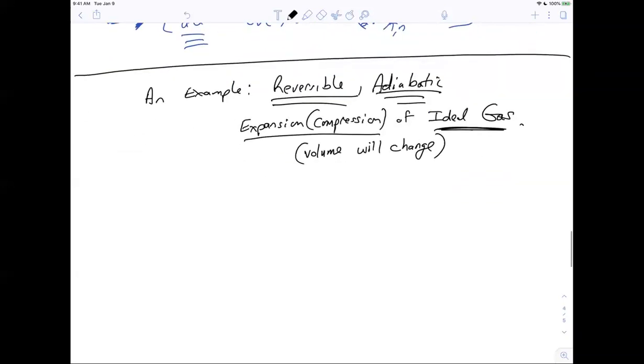The way we'll start is apply the first law. We haven't done anything else but the first law. And in its most general differential form, we know that dU is equal to dq plus dw. So here's an example of applying the first law now, using everything that we've learned.